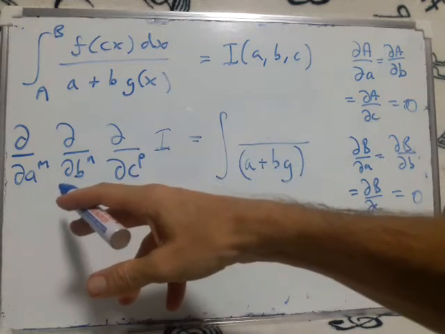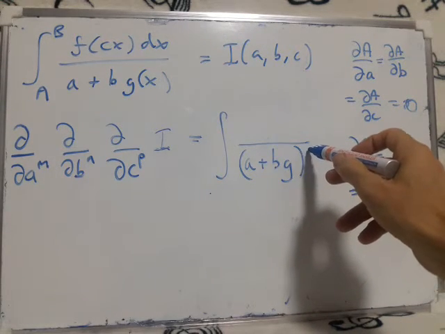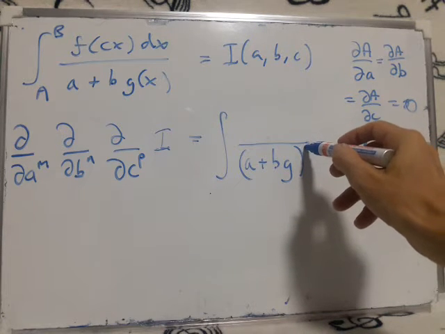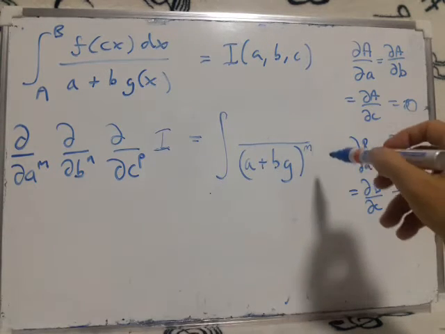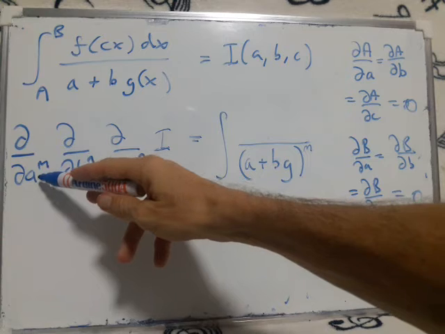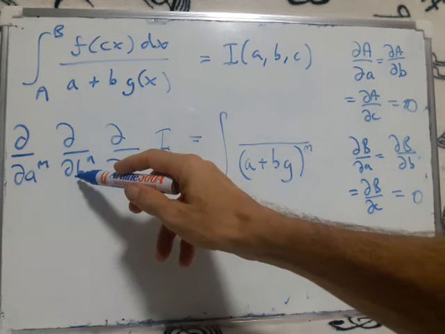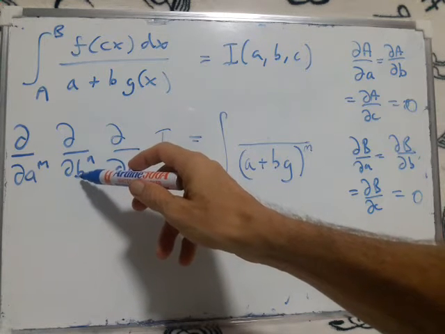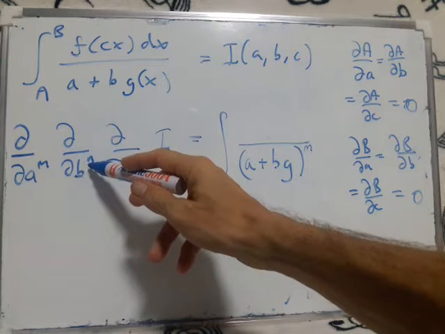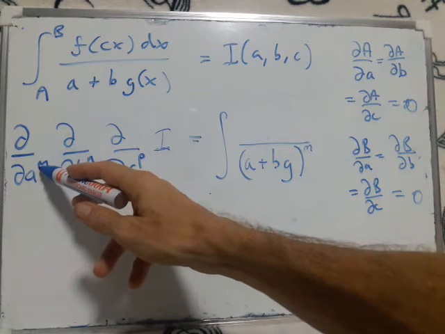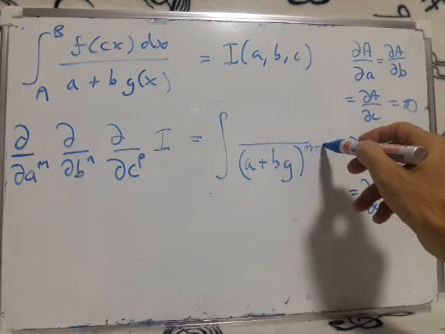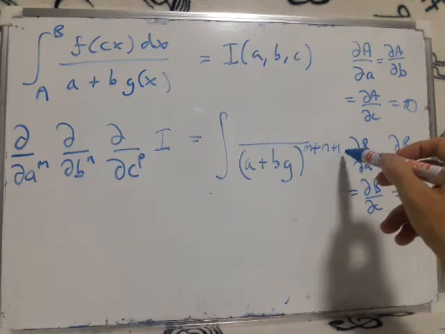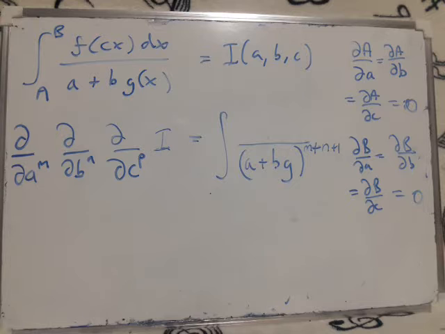If m is 2, if I differentiate twice, then I'll change this to 1 plus 2. So basically, I'll end up with m plus 1 on the bottom from differentiating with respect to a. Similarly, if I differentiate with respect to b, the same thing happens. If I don't differentiate with respect to b, then nothing happens. If I differentiate n times, it's the same as differentiating m times. So overall, on the bottom, I'll get the power of m plus n plus 1 of this thing on the bottom.